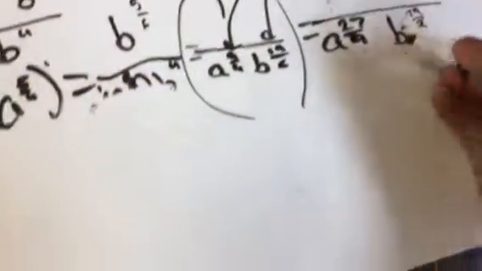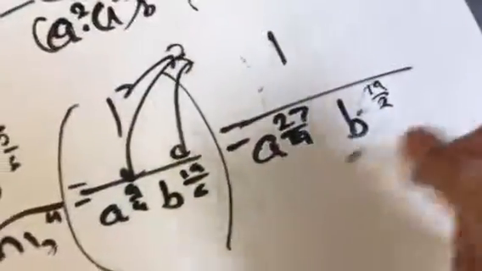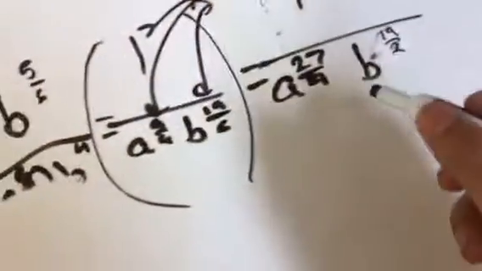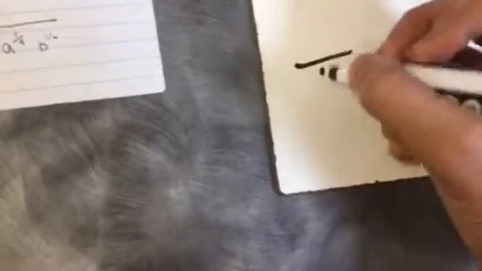So once you have this, you can't have any radical in the denominator. If you have that, you have to multiply by the conjugate. That's very simple.